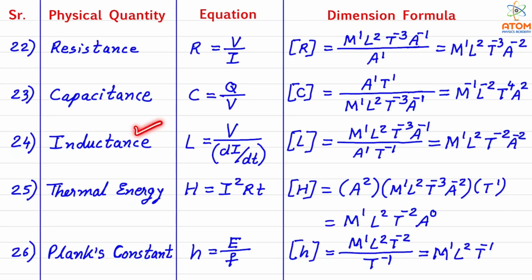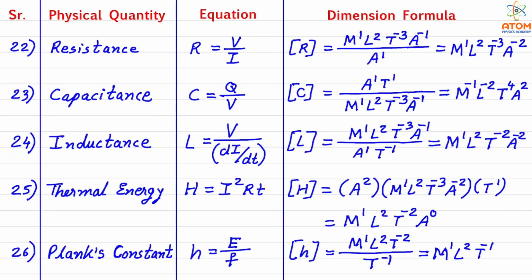Then inductance. Again, this is a physical quantity that you will learn in 12th standard, so no need to worry about it right now, but remember this equation. Inductance is denoted by capital L, and it is equal to V upon dI by dt, where V is the potential difference, dI is the small change in current and dt is the small time interval.